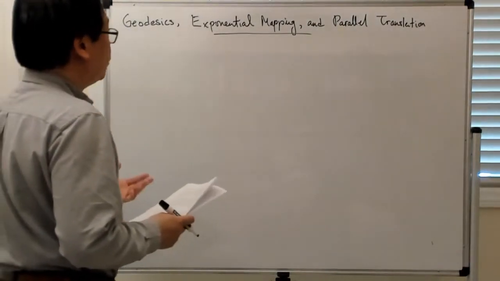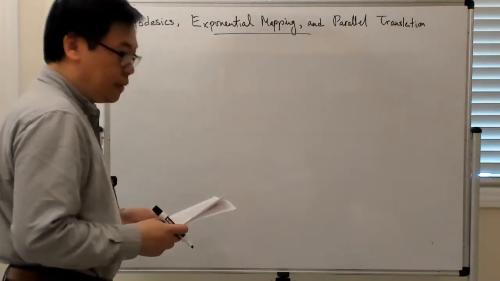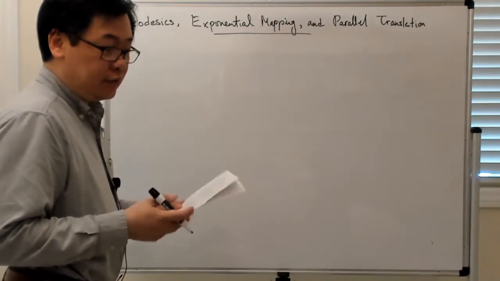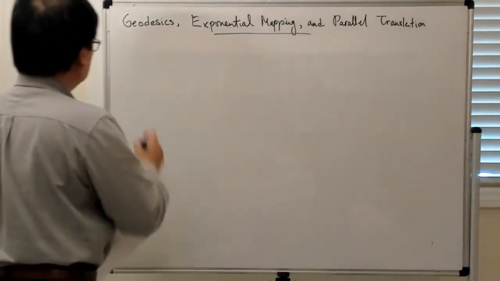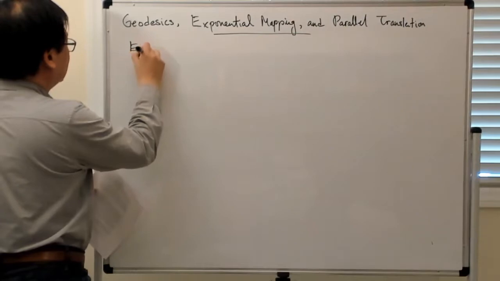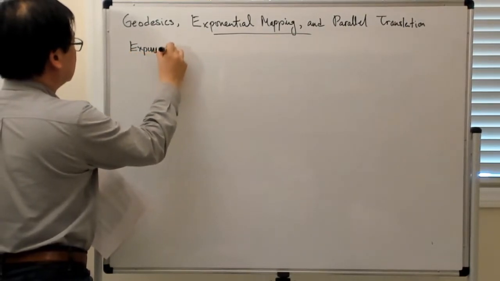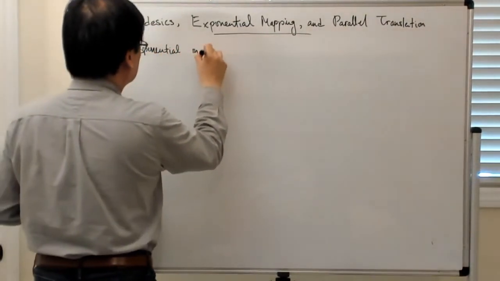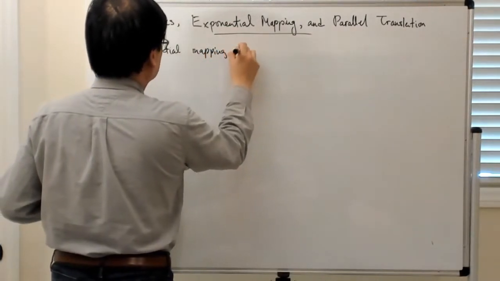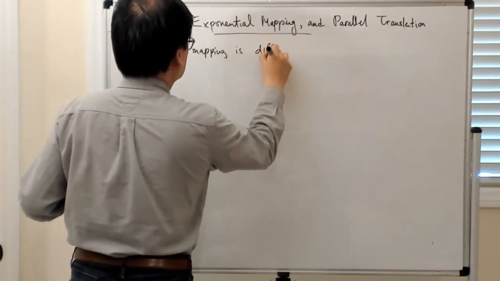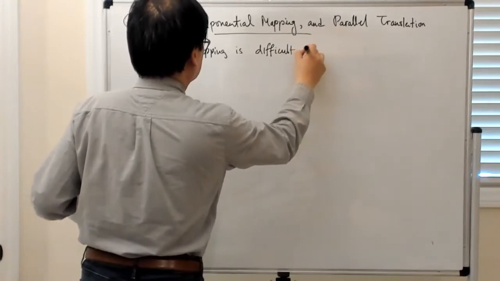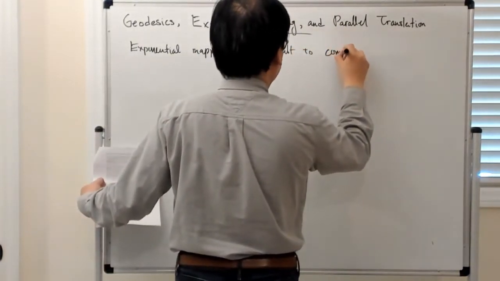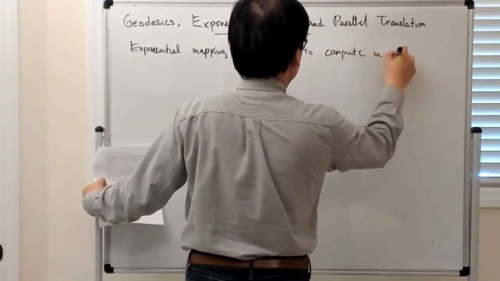So the problem, of course, with the exponential mapping is that it's difficult to compute in general in closed form.